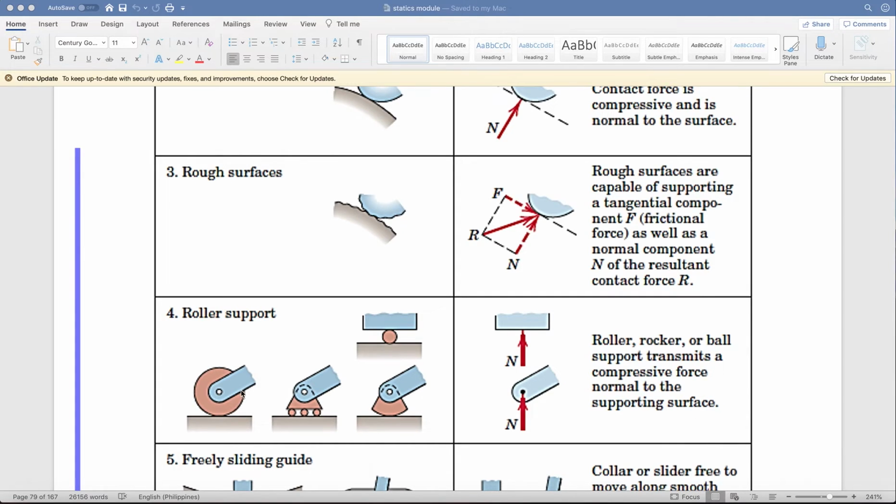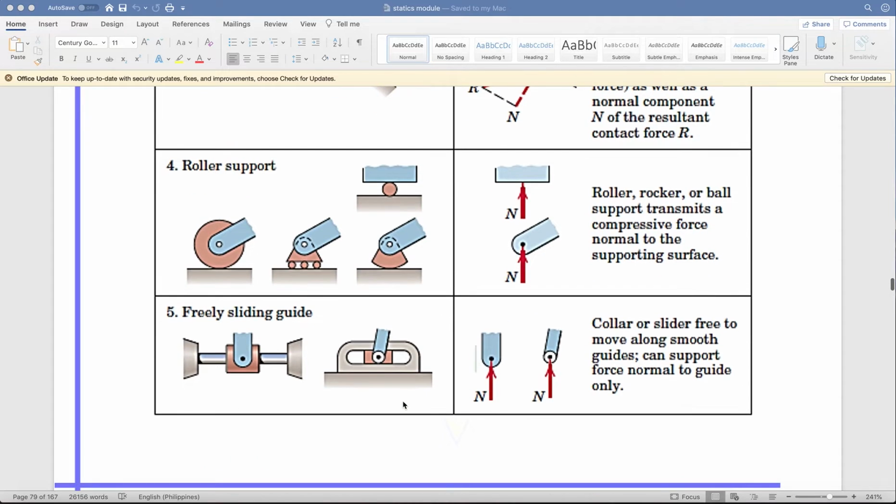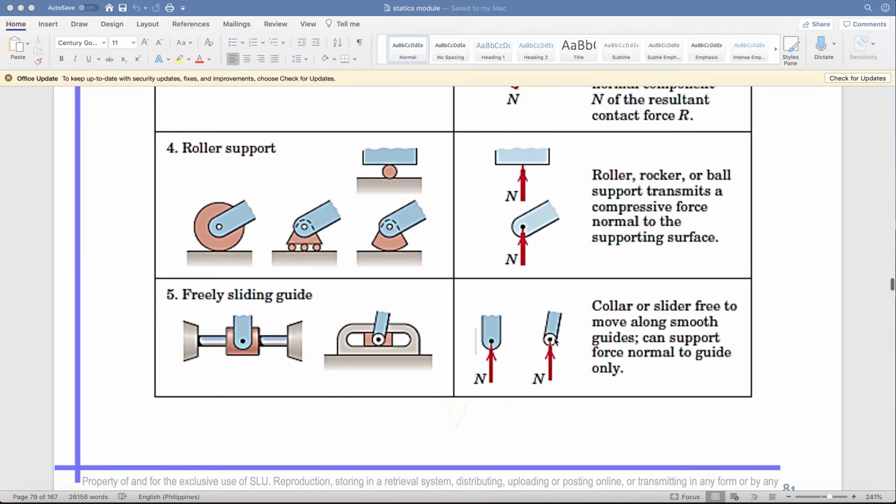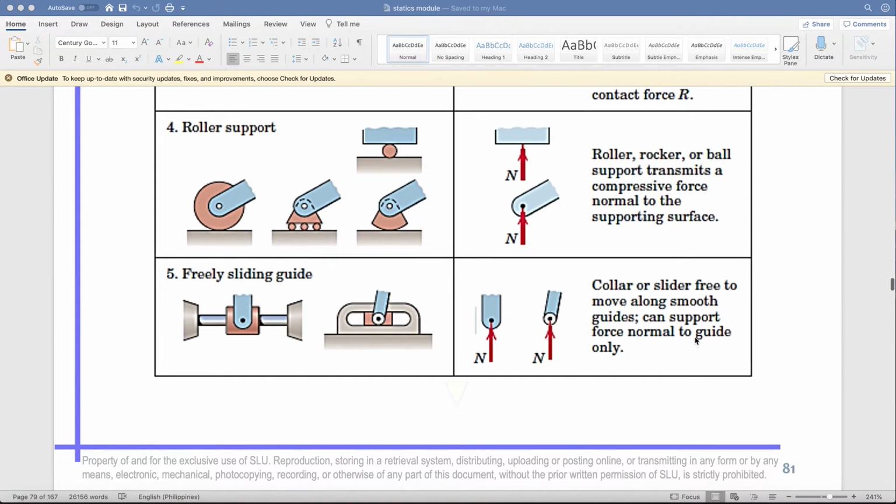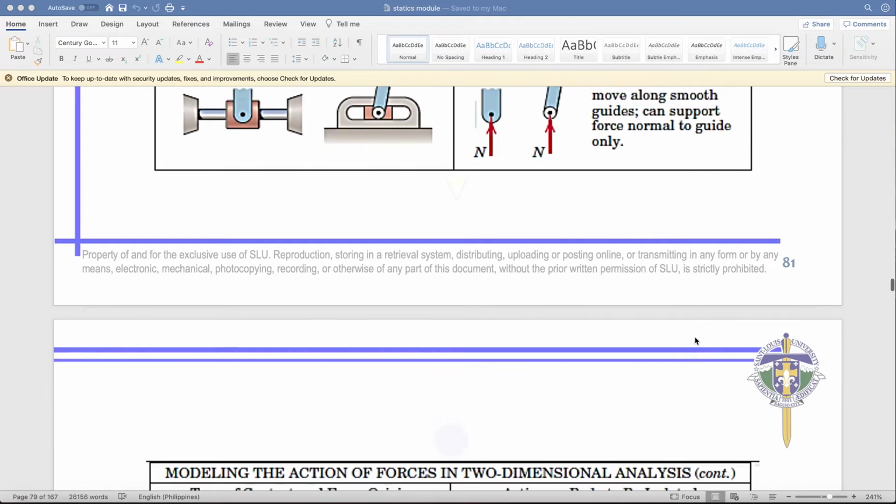So this is a roller. Next, a freely sliding guide. Again, it is a normal force. A collar or slider free to move along smooth guides can support force normal to the guide only. Okay.